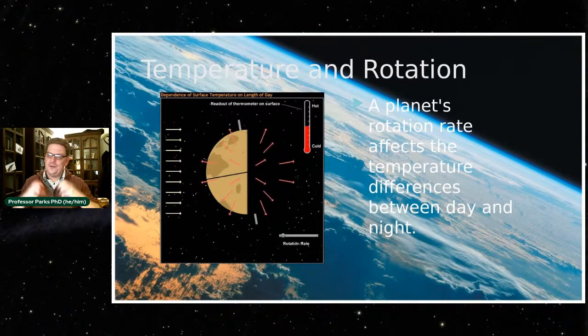But it gets a little complicated when you get to the extremes. If you have a planet that has very, very little atmosphere, there's very little heat transfer. There's a little bit in terms of the rate at which the world will dissipate that incoming energy, but for the most part, there is no heat transfer.